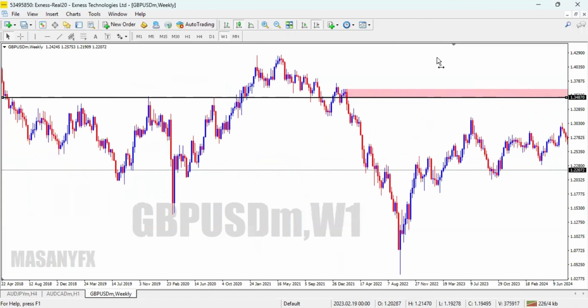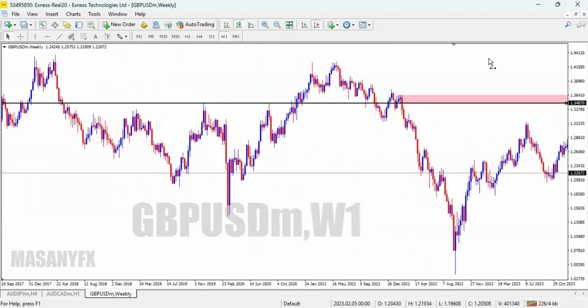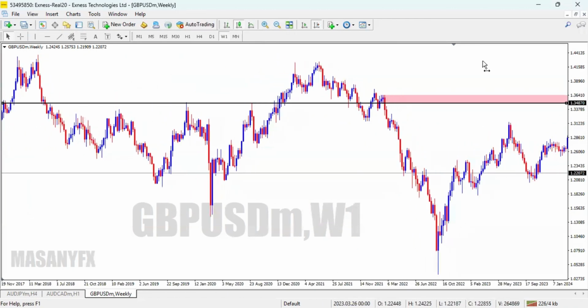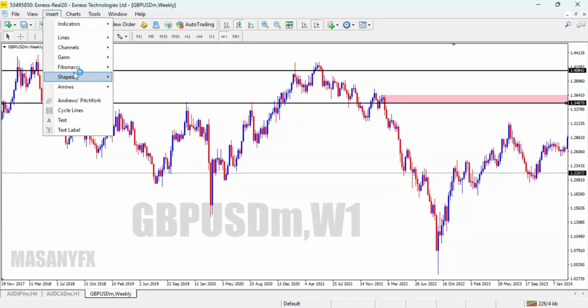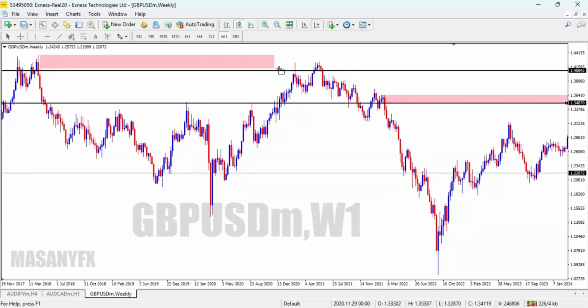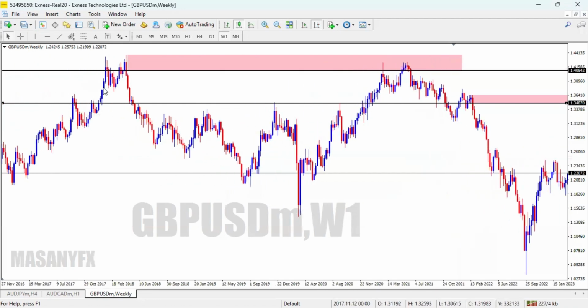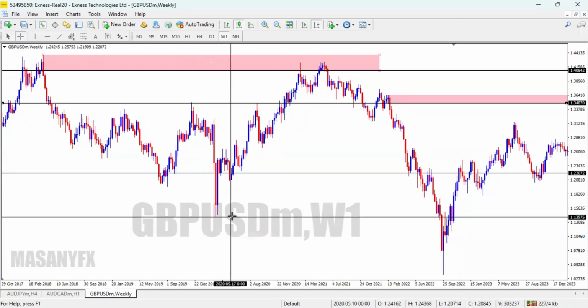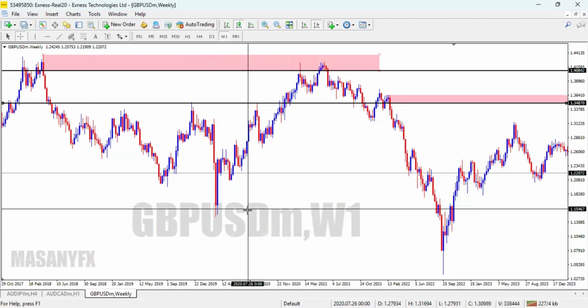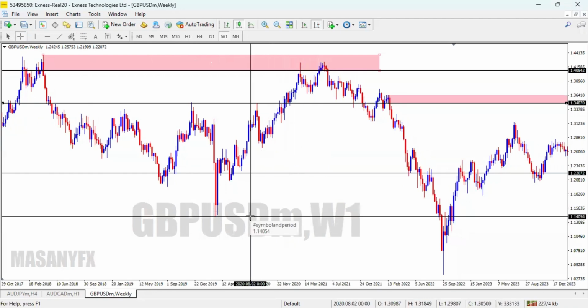I don't know, maybe in your broker it did, but here it did not touch this zone. And it reacted to this zone very well. So when it sold here, the take profit was supposed to be here. Here's a take profit for this move. So it hit the take profit.